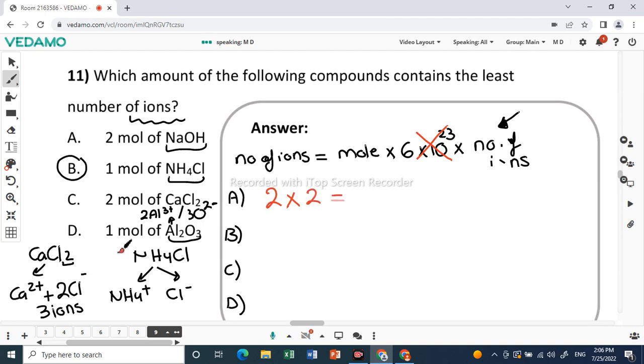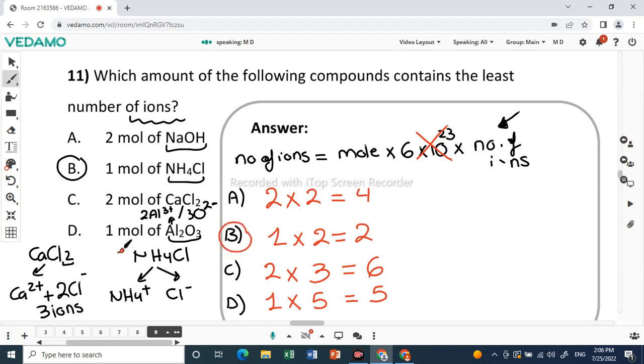So 2 times 2 equals 4. Another time, 1 multiplied by 2 equals 2. 2 moles multiplied by 3 ions, and we already counted these ions before. So your final answer is 6. Finally, 1 multiplied by 5, and your final answer is 5. So your answer is B.